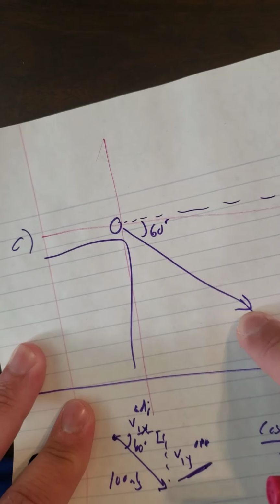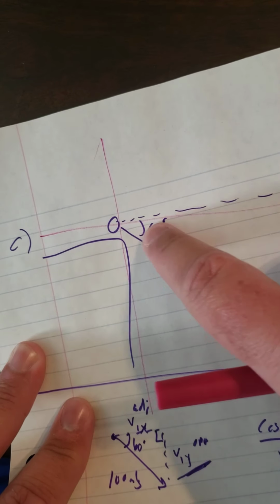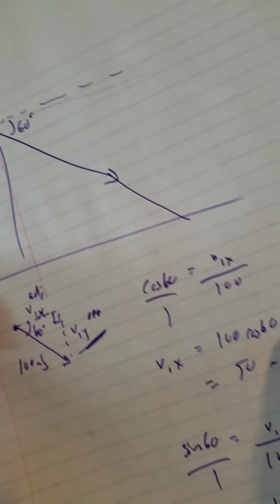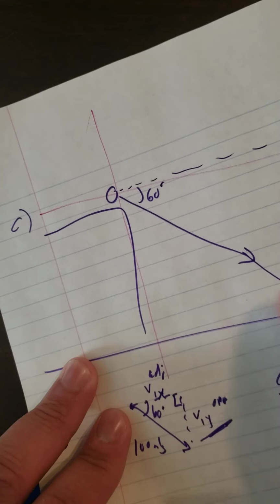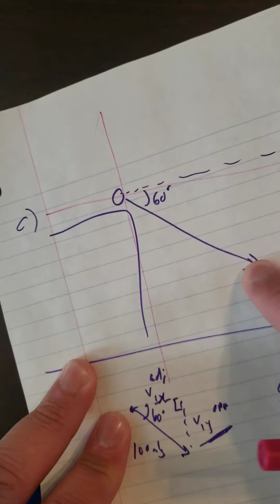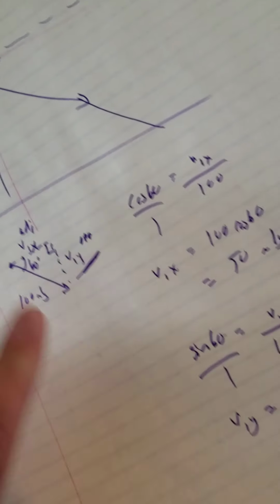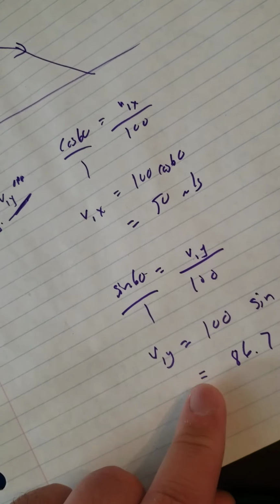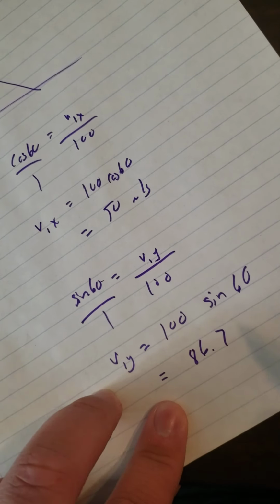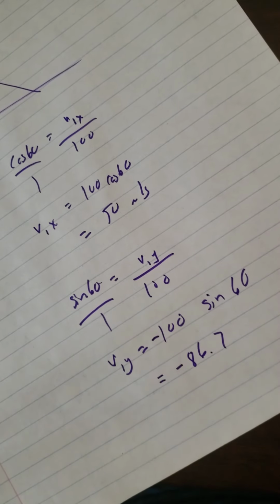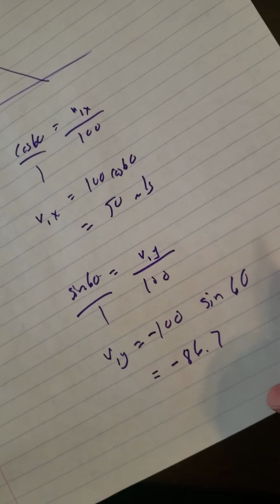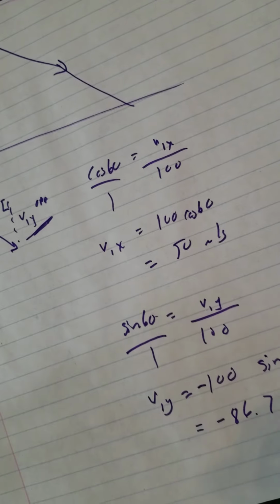Now you notice this one's shot downwards. So if you look at my x values here, everything is still to the right of my origin. So when it comes to my x values, these are completely fine. They're still positive. But this is really shot downwards, right? Of course, these are my negative y values. So this actually should be thought of as a negative 100 and a negative 86.7. Okay? That's really the difference from B to C.